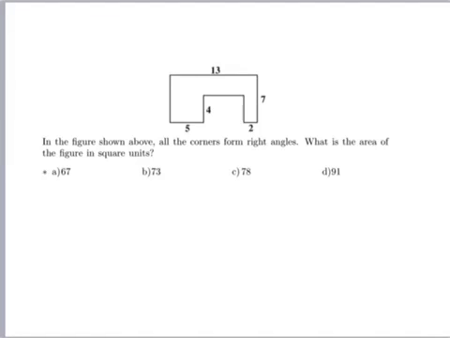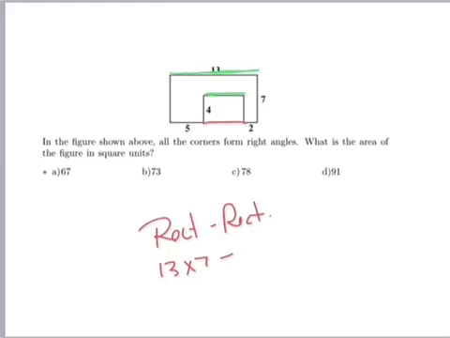Now we want to find the area. So I do this one by thinking of this as a big rectangle minus a little rectangle. Well, the big rectangle is 13 by 7, and the little rectangle is going to be 4 by, to find that distance, we can take this whole distance of 13 and subtract out the 5 and the 2, which is 7, and get that that's 6.